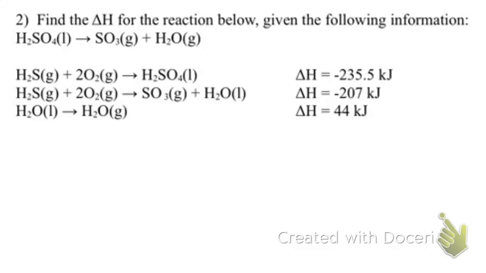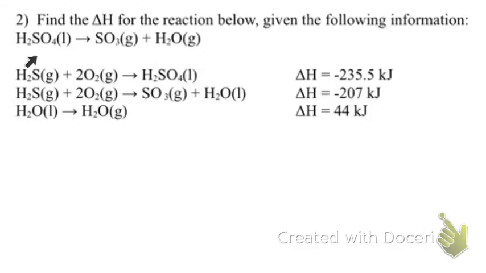Okay, so this one presents a new challenge. In the last one, all of the products and all the reactants were on the correct sides of their respective equations. But in this case, our products and reactants are not on the correct side. The equation we're searching to find, or the equation we want to get to, is H2SO4 in liquid form turns into SO3 gas plus water.